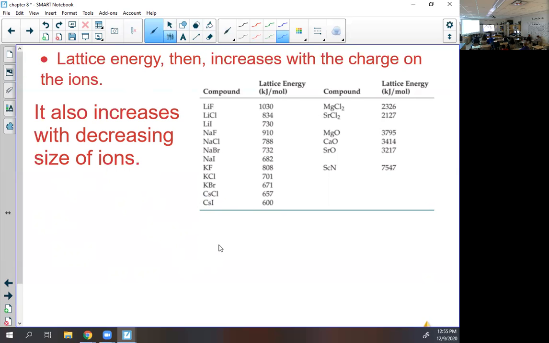You'll be given a couple lattice energies and asked why they are the way that they are. So you would say something like magnesium chloride has a larger lattice energy because it's got a larger charge. Magnesium is twice the charge of lithium.